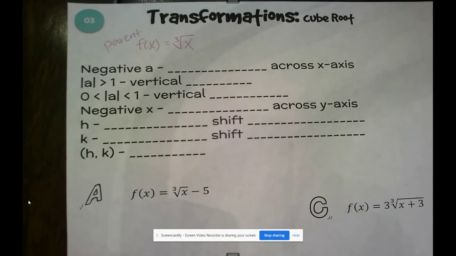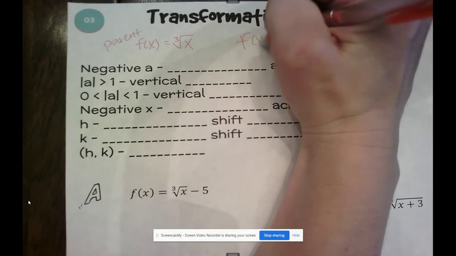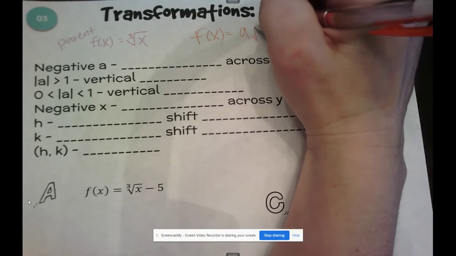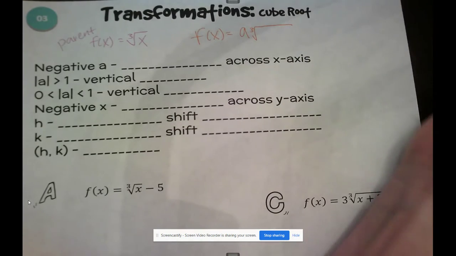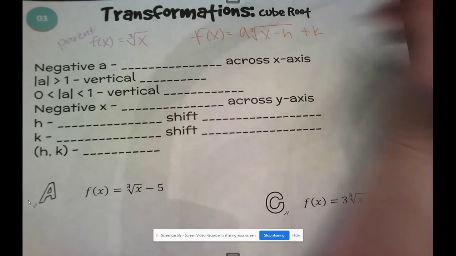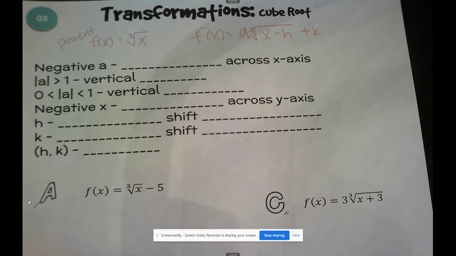Adding and subtracting, adding negative numbers, etc. So same kind of thing that we were talking about for the square root and for a lot of our other functions. It's f of x equals a, this time cube root, that little 3, x minus h, plus k. Remember that h is inside, that k is outside. So very similar to the square roots.